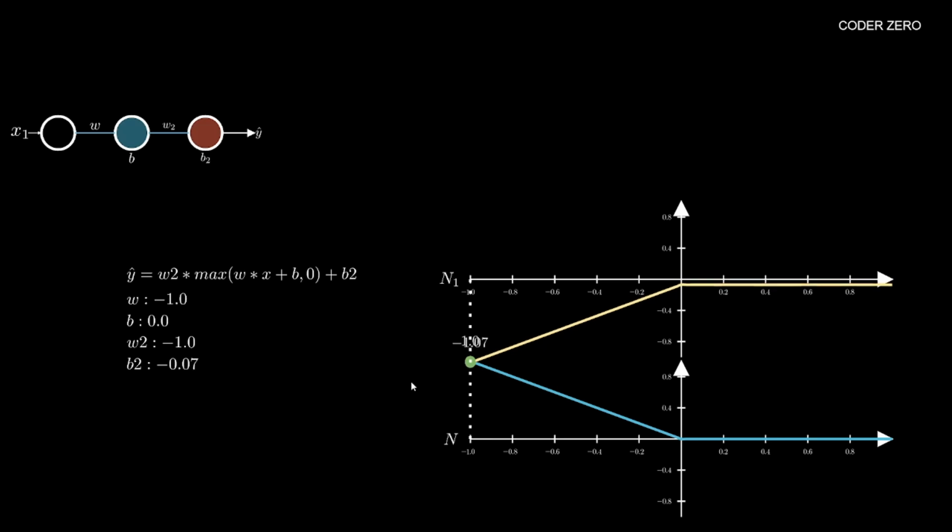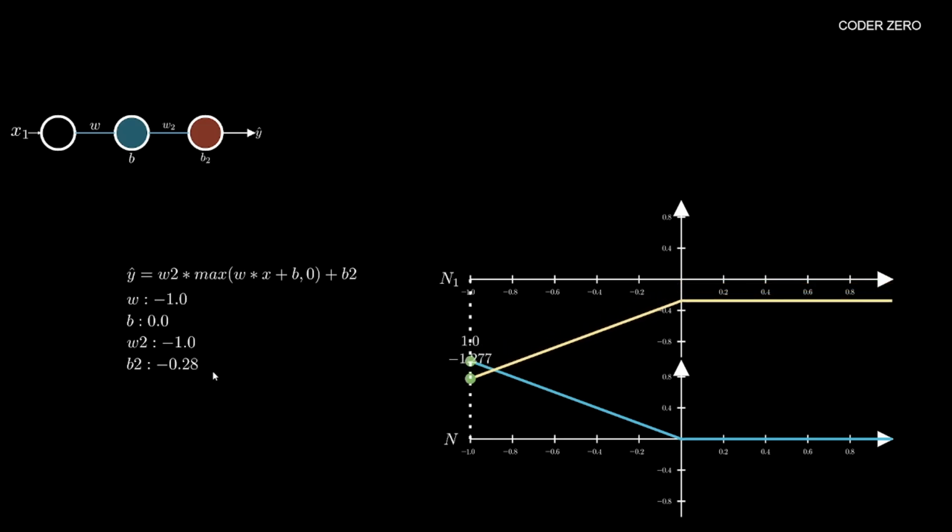Now when we change the value of bias for second neuron, you can see here we are able to move this line from the x-axis. And remember, this was the limitation of ReLU when we are dealing with only single neuron.